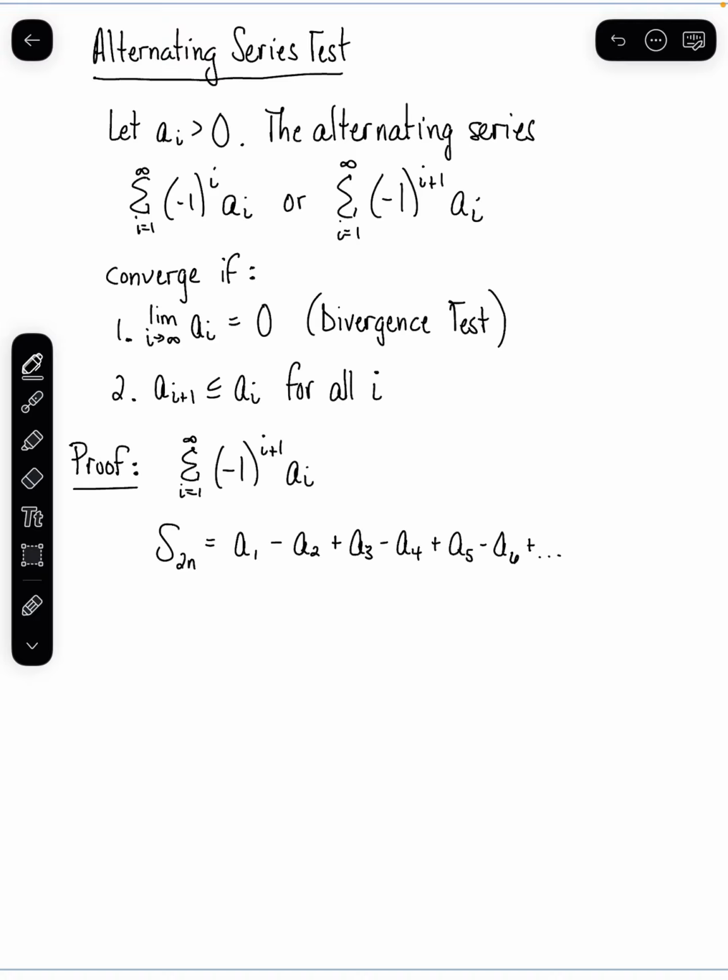And this is going to continue until the last pair of terms. The very last term is going to be a sub 2n. And because we have an even number of terms as guaranteed by 2 times whatever n is, that last term will be negative, which means the one preceding it, a sub 2n minus 1, will be positive.